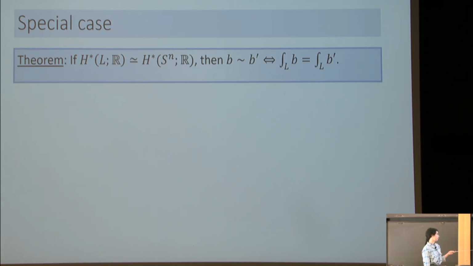So from Gromov-Witten theory perspective, an interesting case is where L is a rational homology sphere. When it only has real cohomology in 0 and top degree, then we have a full understanding of those bounding chains. In fact, they are classified by the value of their integral on the Lagrangian.